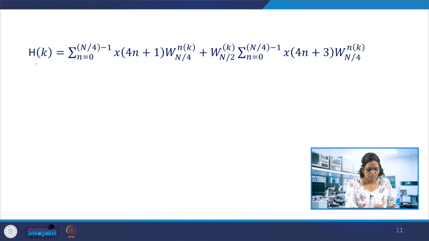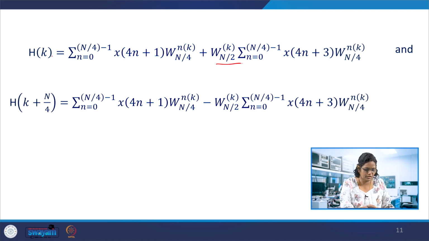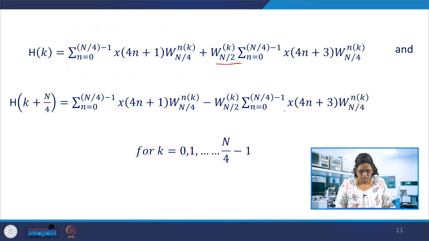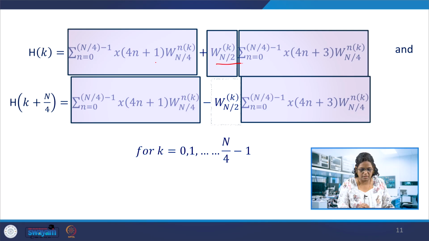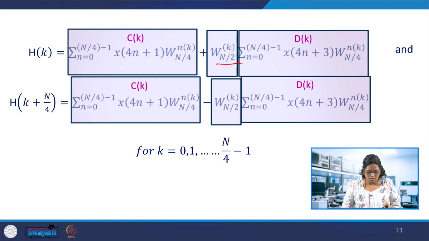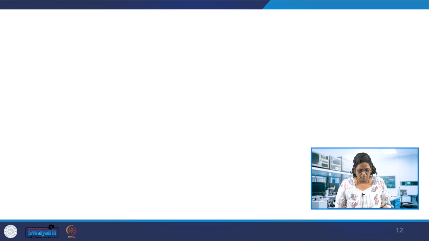So we call that h of k, and the summations would be the same. Similar to g of k, we have this h of k as well, and we call these c and d, taking different samples, dividing it again with the 2-point DFT.